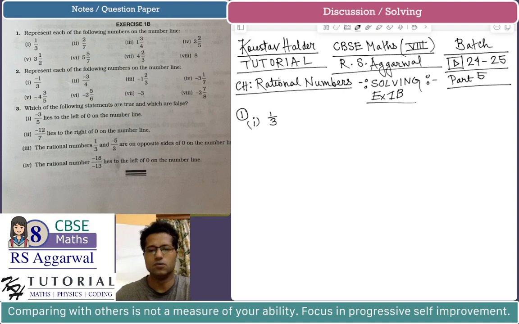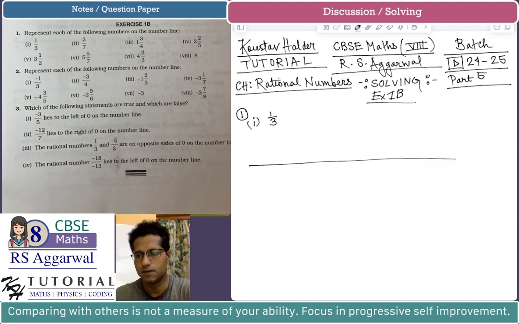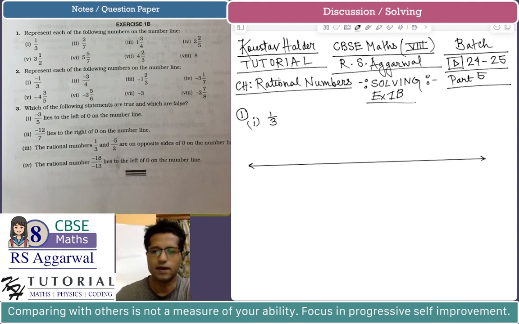Now 1 by 3, as you know, is a proper fraction and a positive rational number, so it will be marked somewhere on the number line to the right hand side of the origin O. So we take the number line, the straight line, we mark the two end points with arrowheads, which denote that both the ends will stretch to infinity, and since it's a positive rational number, we will take the origin somewhat towards the left hand side of the straight line. So let's say this be the point origin O, which represents the integer 0.